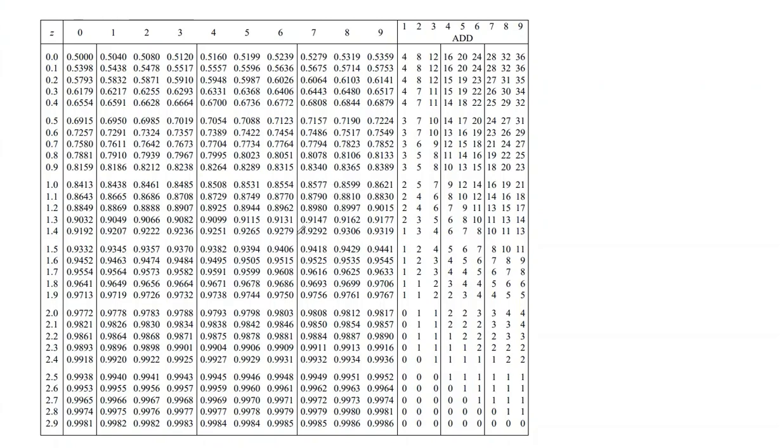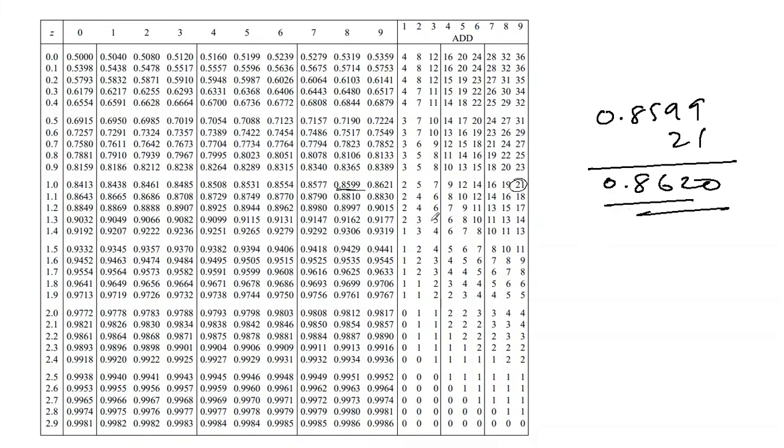Let me show you. 0.89, the 9 column gives 21. So 0.8599 plus 21 will give us 0.8620.